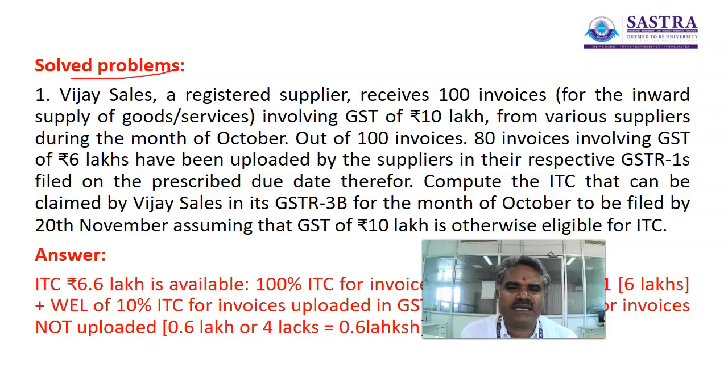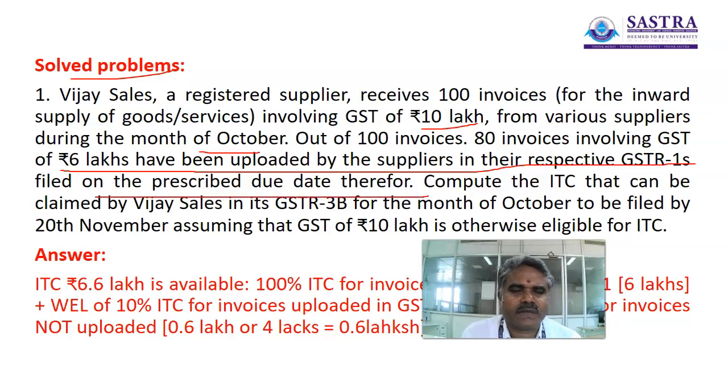Vijay Sales, a registered supplier, receives 100 invoices for the inward supply of goods or services involving GST of 10 lakh from various suppliers during the month of October. Out of 100 invoices, 80 invoices involving GST of rupees 6 lakh have been uploaded by the suppliers in the respective GSTR-1, filed on the prescribed due date.